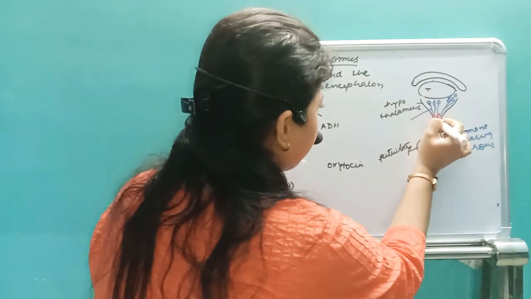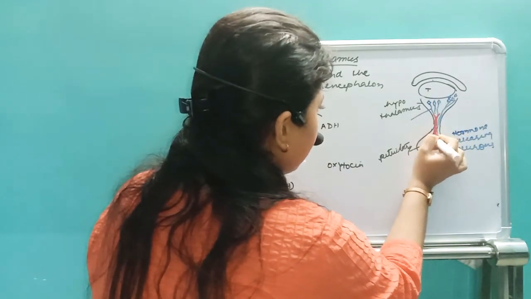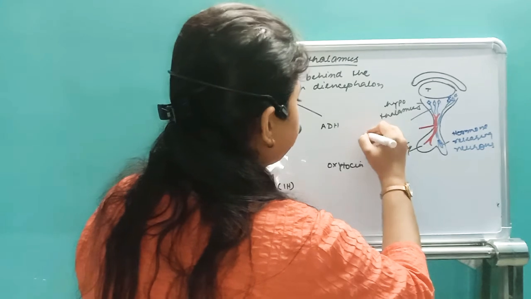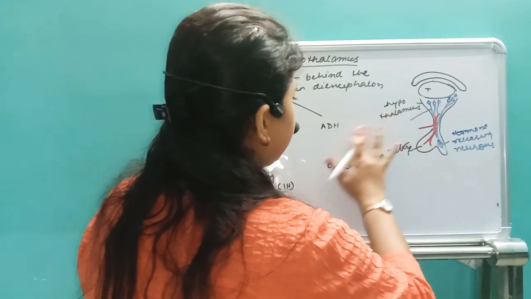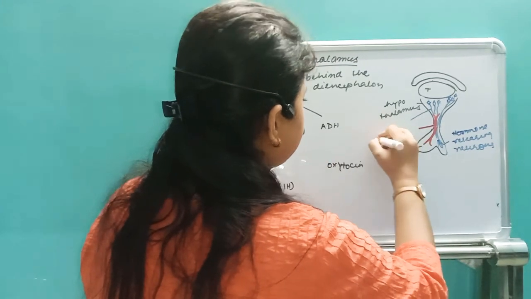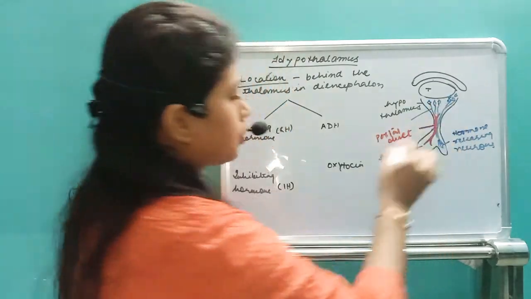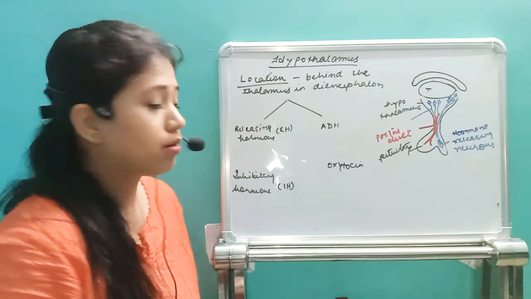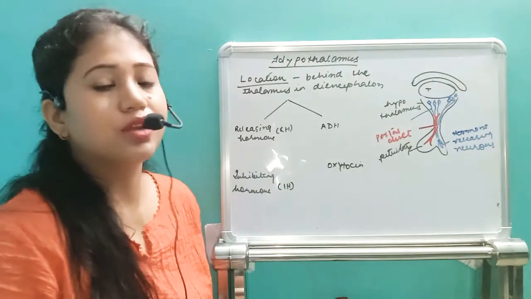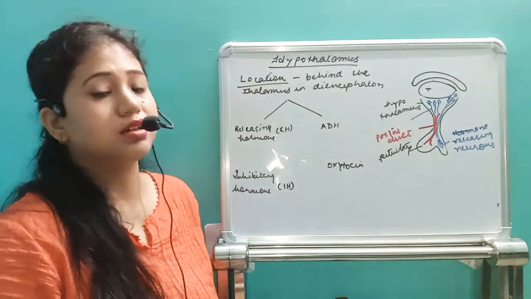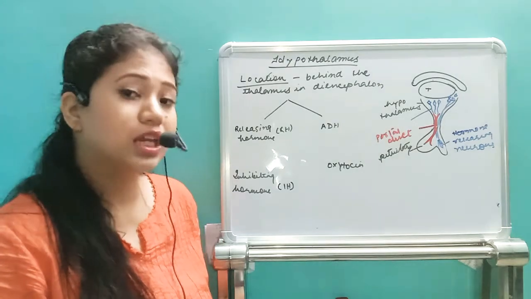Here we have a system called the hypothalamo-hypophysial portal system. It is a portal duct which takes the hypothalamic RH and IH to the anterior pituitary, so that the anterior pituitary can be stimulated or inhibited.